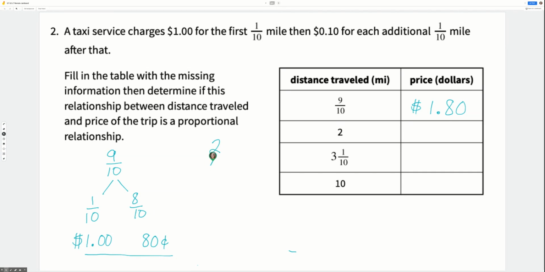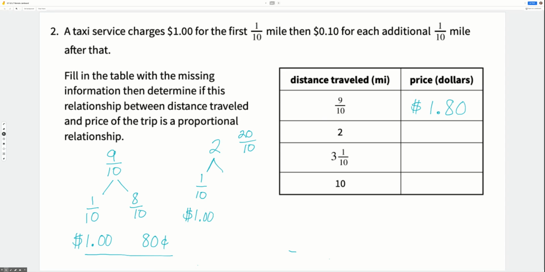Let's take a look at the whole number 2. Now, the whole number 2, inside of it has a whole and 10 tenths more. I like to think of it that way. So if I take 1/10 out for my first $1, 2 wholes is the same as 20 tenths, because 10 tenths is 1 whole, so 20 tenths would be 2 wholes.